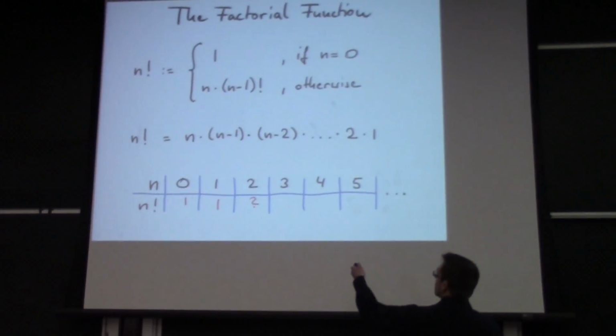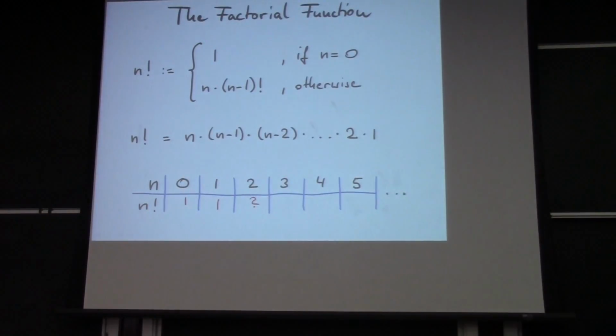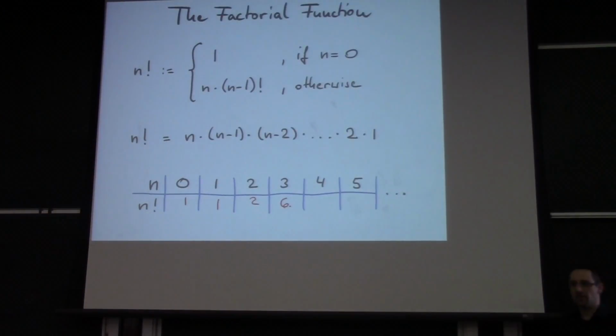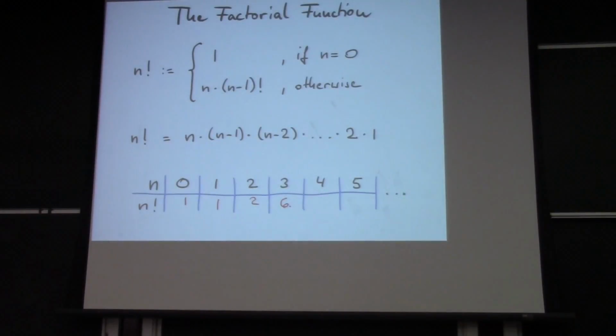Now we just multiply 3 with factorial of 2, which gives us 6. And the next one? Yes. Exactly. 24. And finally, factorial of 5 is? Exactly. So very proud of you. You know your multiplication tables.